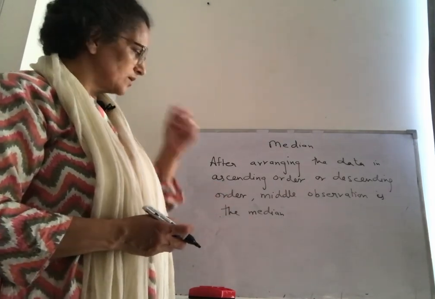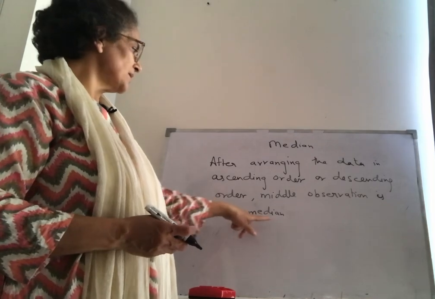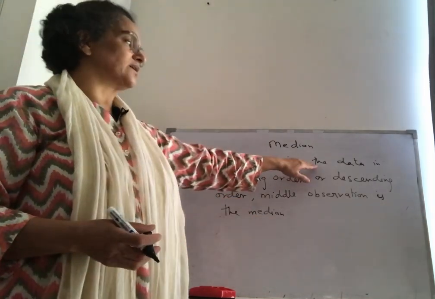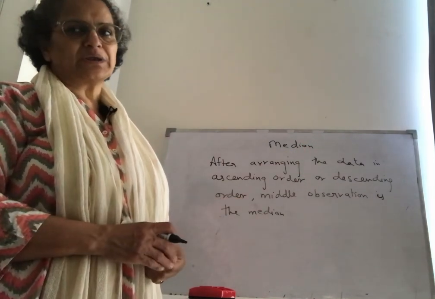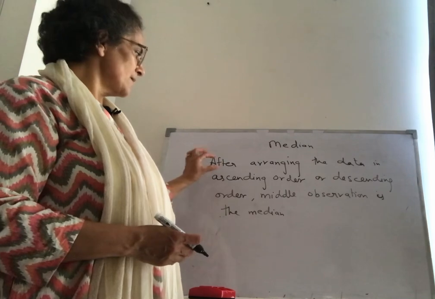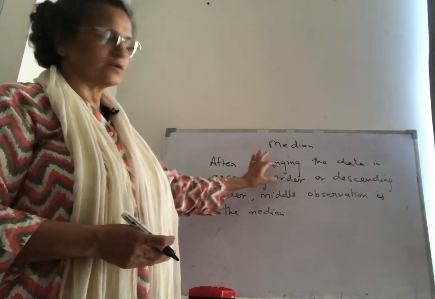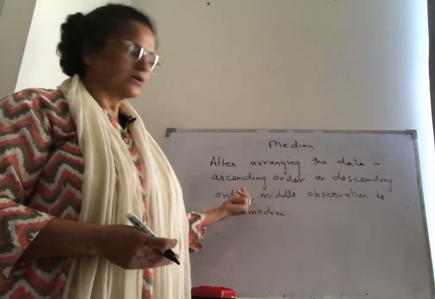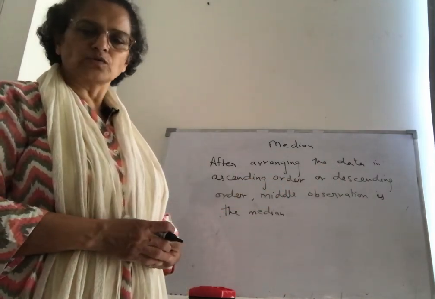So let's take an example to understand median. First I have written arranging the data. Before finding median, you have to keep in mind that you have to arrange the data. Ascending order means arranging small to big. Descending order means arranging from big to small.